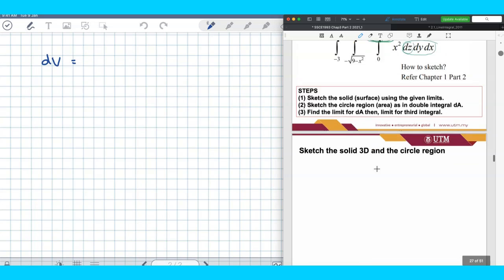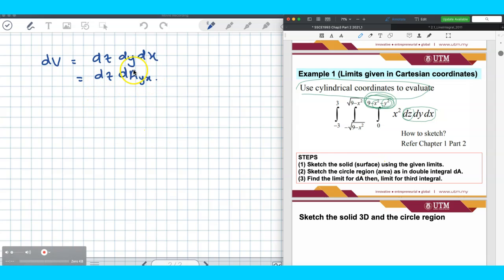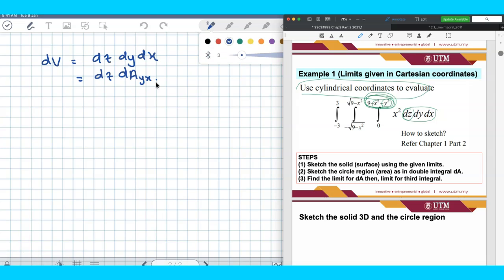Now we want to work on this example. Your dV is dz dy dx, which means you have dz dA on the xy plane. For this particular order of integration, your region should be lying on the xy plane.